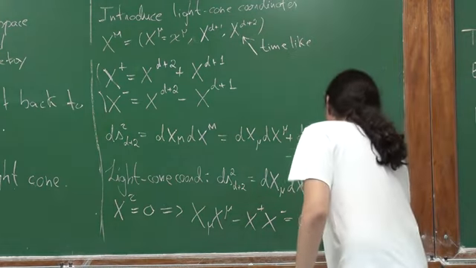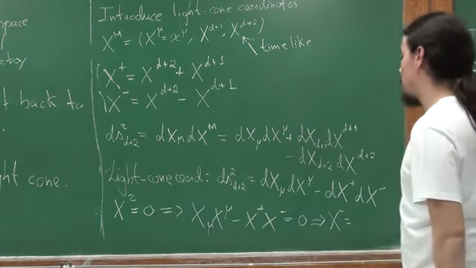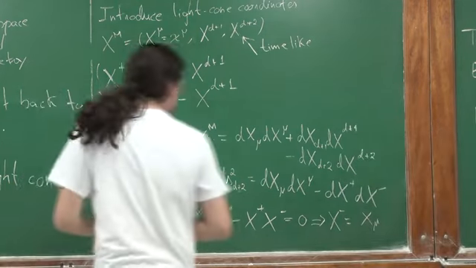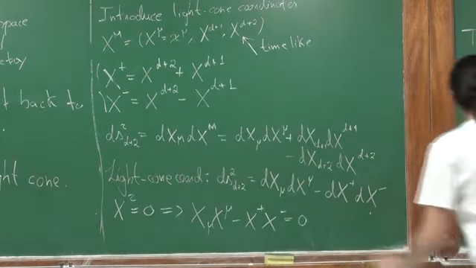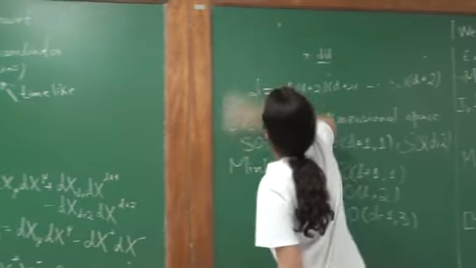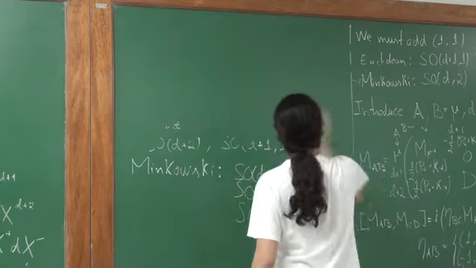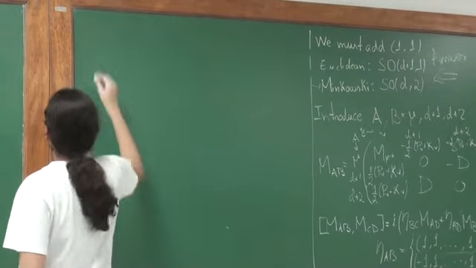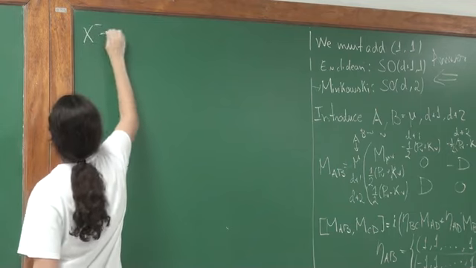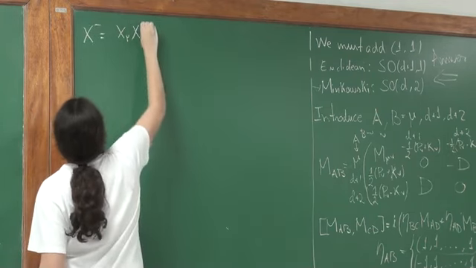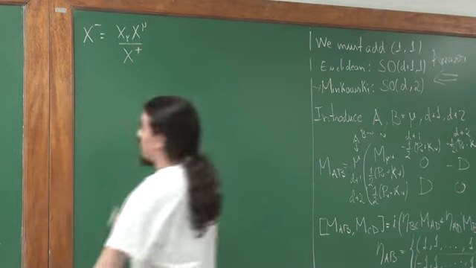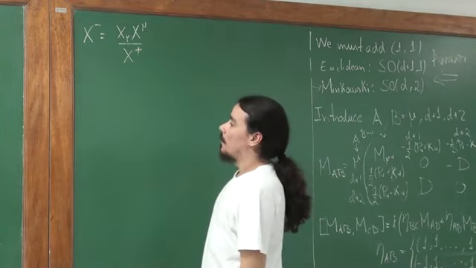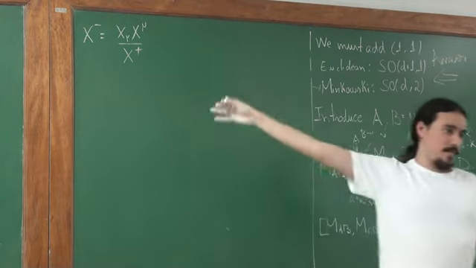So x minus will just be x mu over x plus. Okay? This is a formal solution, for now. Any questions? This is the first constraint.